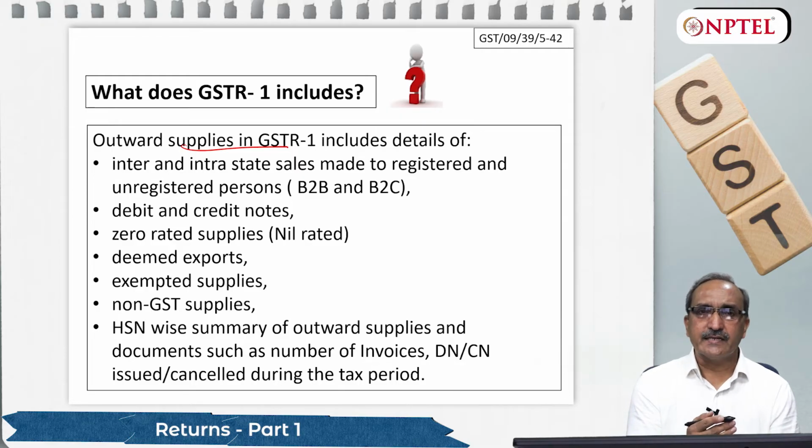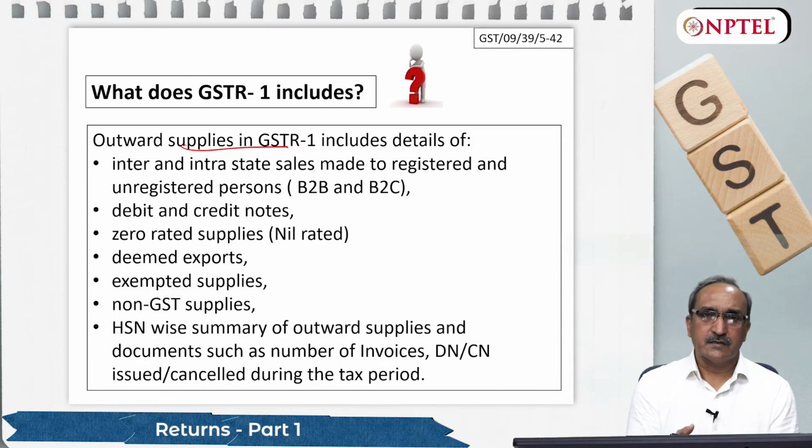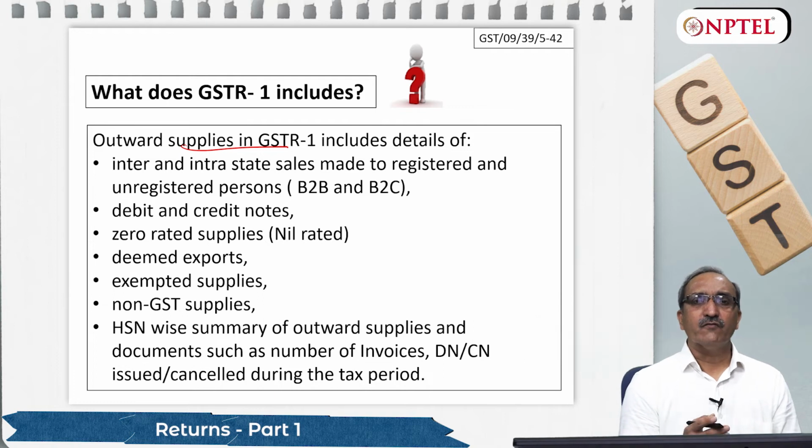So if there is any debit or credit note during that particular month, the same way we upload invoices, we have to upload debit notes and credit notes also, because these debit and credit notes will further amend and rectify my tax liability.